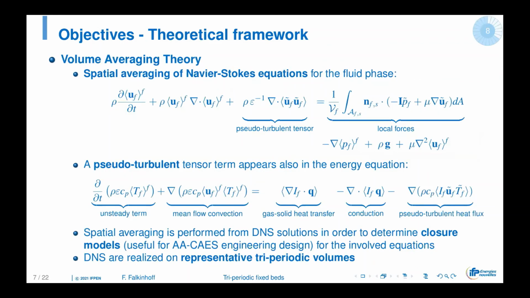So this is not yet implemented, but the objective is to compute volume averaging theory. If you take the Navier-Stokes equations, both momentum and also an energy equation, and you average them over a representative triperiodic volume, then you get this kind of equation where you have terms that you need to close if you want to have models for this.